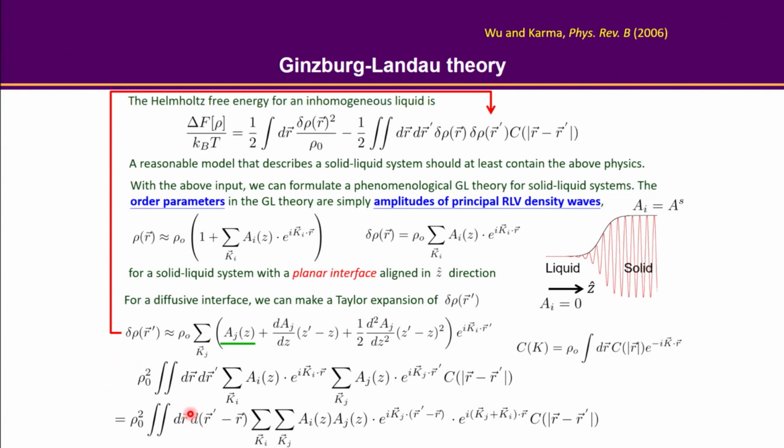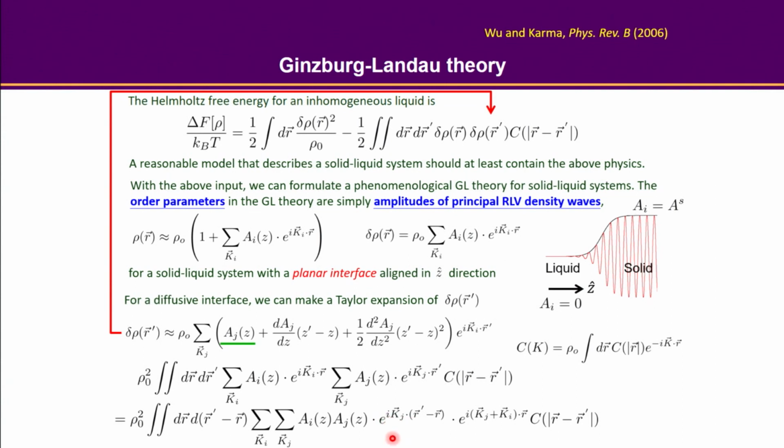So here I just change the second integration variable to r prime minus r, and you can combine that double summation over ki and kj, let's say, with a i and a j, and write them together. In order to have something I can use from this C k, since I have this variable as r prime minus r, I want to construct something like r prime minus r over here, right? So that's what I did here.